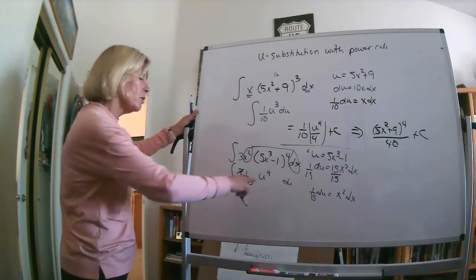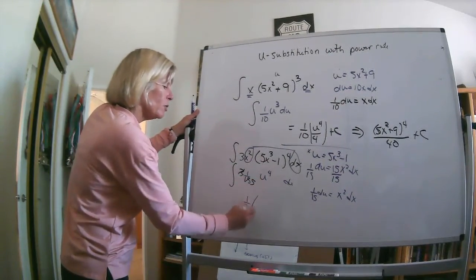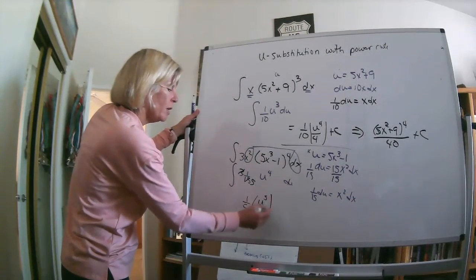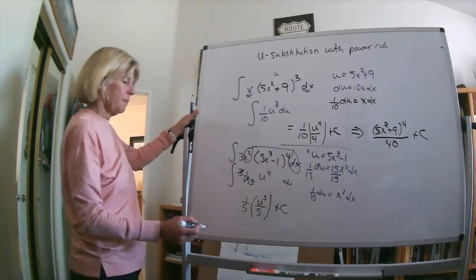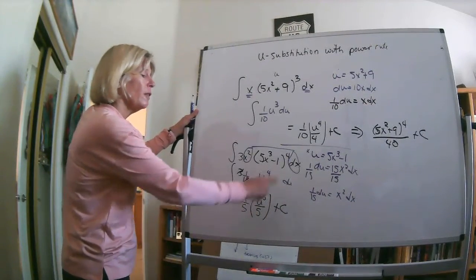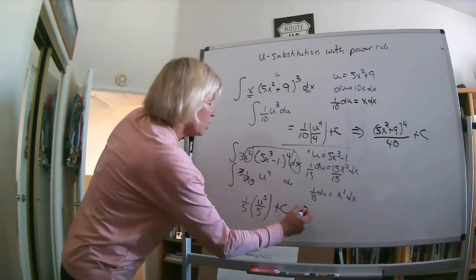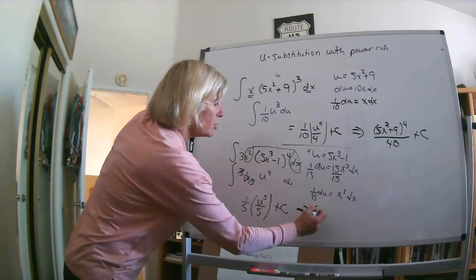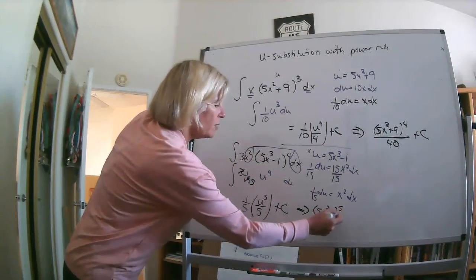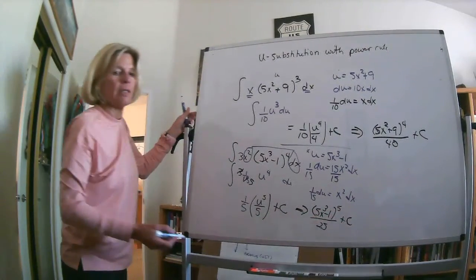Now I'm ready to integrate. So I've got 1/5. The antiderivative of u to the 4th is u to the 5th over 5 plus c. And I can multiply the 5 and the 5, and I'm going to substitute back in for my u. So my final answer is 5x cubed minus 1 to the 5th over 25 plus c.